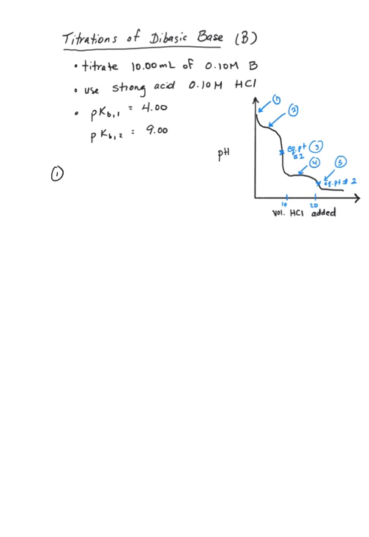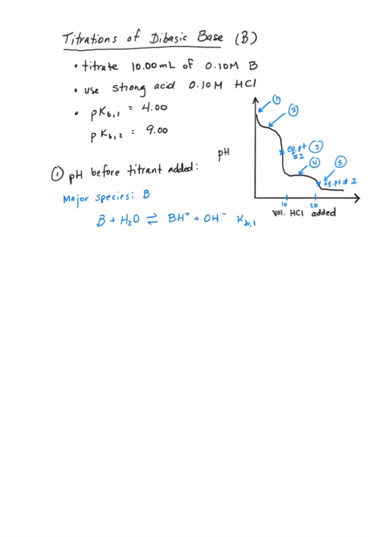So, let's calculate the pH before titrant is added. To do this, consider what the major species in solution is at point number 1. Here, before we add any strong acid to our dibasic base, this substance is dominated by whichever reaction represents Kb1.